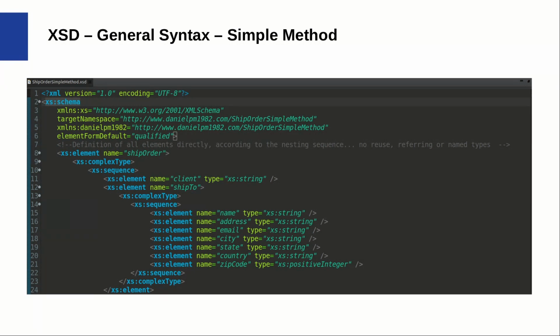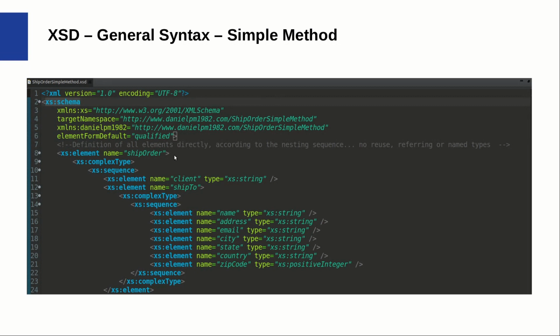So we've seen this already a lot, and what I want to show you here is the simple method declaration of elements. As we said, you declare the future root element as global here, xs:element, name ship order. This is the future root element of the XML instances. It's not the root element here because the root element here is the schema, in every XSD file.